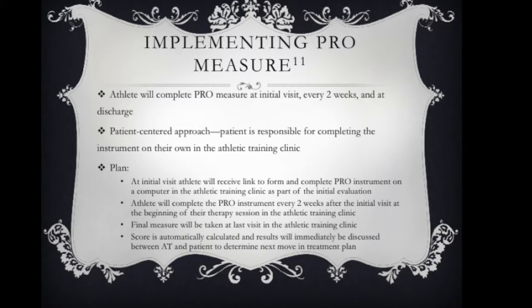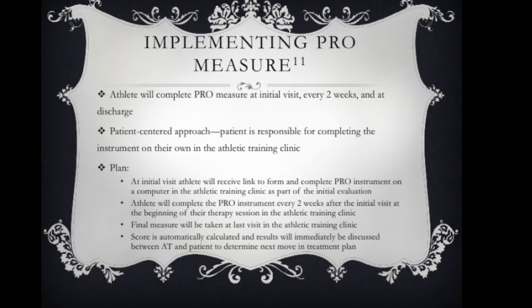When I looked at implementing the PRO measure, the athlete will complete it at the initial visit, every 2 weeks, and then at discharge. I'm looking for a patient-centered approach. I want them to be in charge of completing it, and to be the focus of it all. They're going to be completing it on their own, at their own rate, throughout rehab.